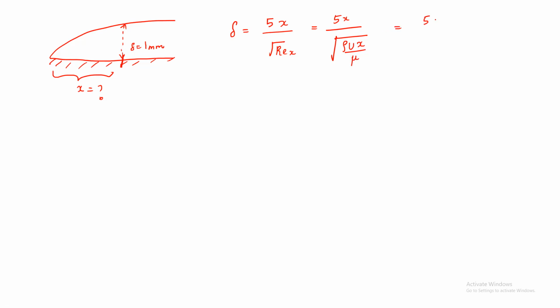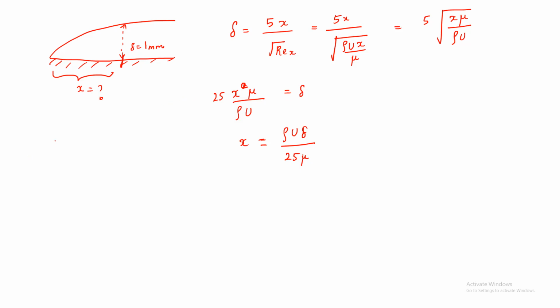The x will get cancelled, and we will get 5 root of x mu by rho u. If we square it on both sides, we will get 25 x mu by rho u is equal to delta. So x would be given by rho u delta by 25 mu.